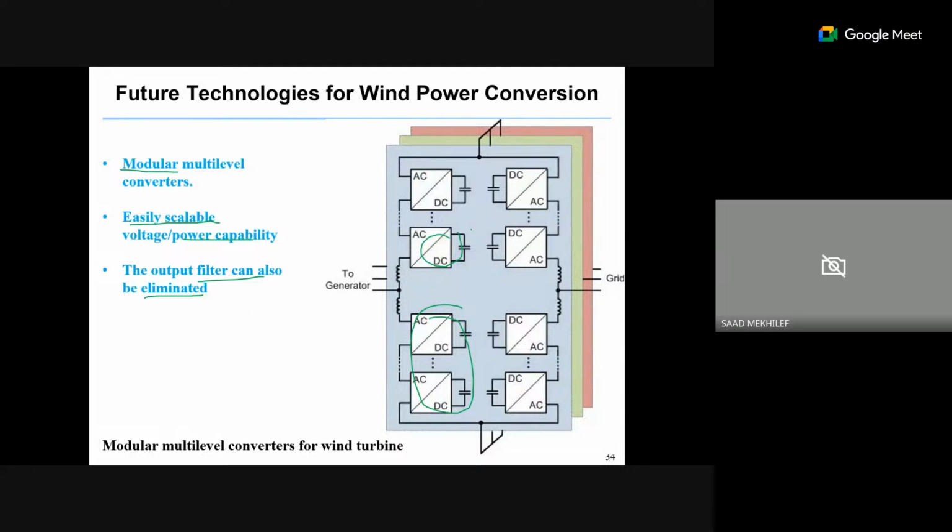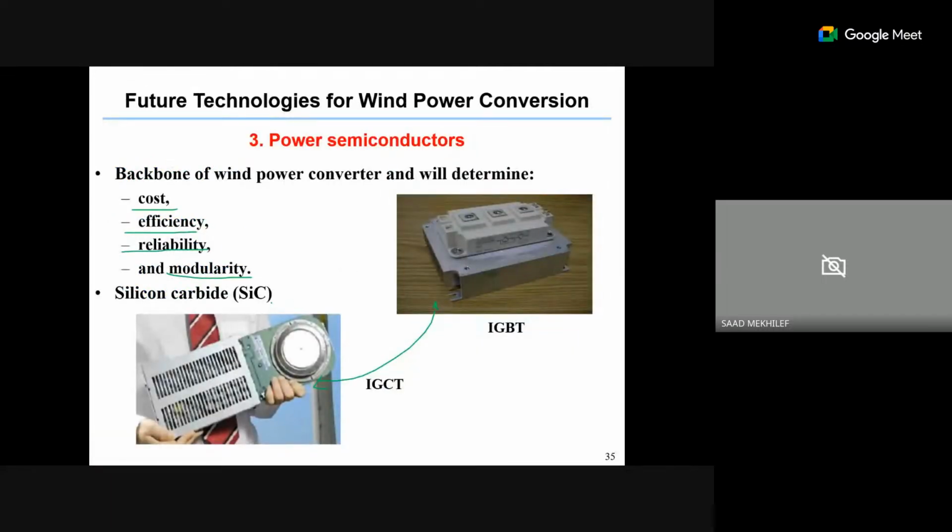Maybe the total harmonic distortion will increase a bit, however the system will continue to run. This is what we call fault tolerance, the objective of having modularity in these systems. That's why modularity, scalability and fault tolerance are becoming important.